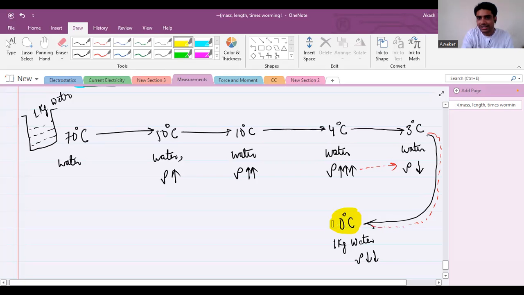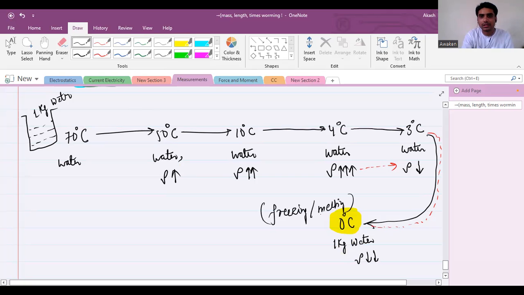At 0 degree centigrade, this 1 kg water will now further start converting to ice. This is called what? Freezing point or melting point, both. It is a freezing point and also the melting point.